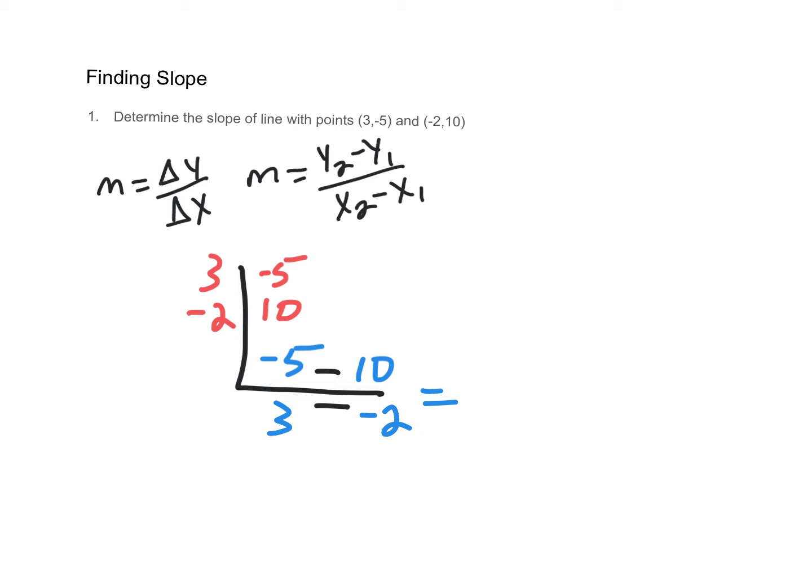But -5 minus 10 is -15. And 3 minus -2, we can add the opposite. So we add the opposite of -2, which is +2, and 3 plus 2 is 5. And then when we simplify that, -15 divided by +5 is -3. So the slope would equal -3.